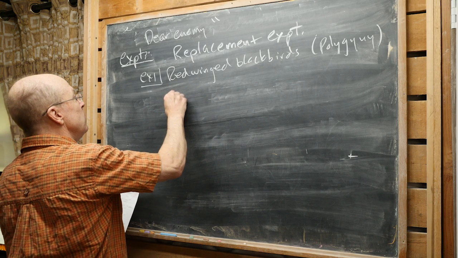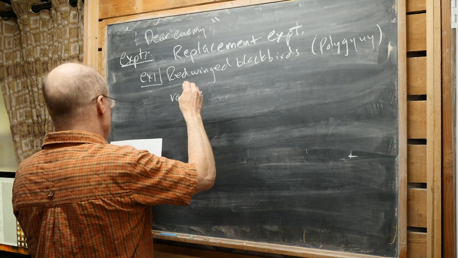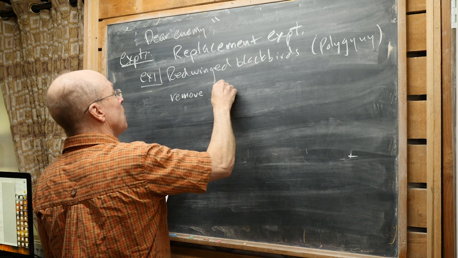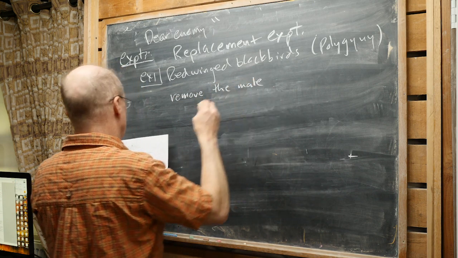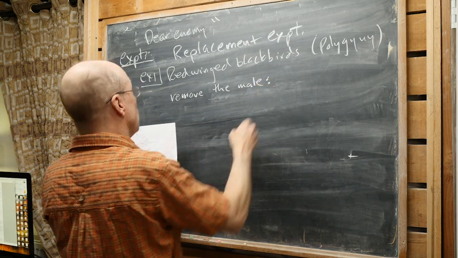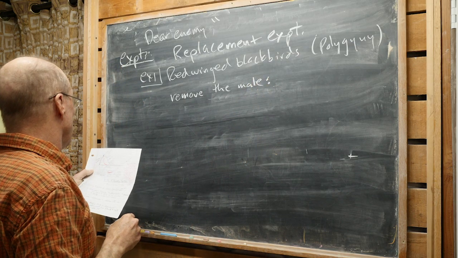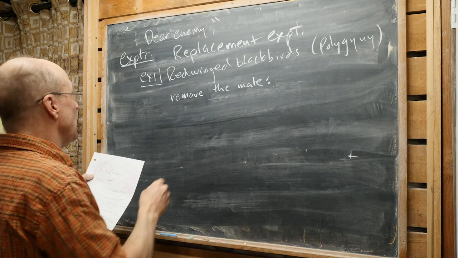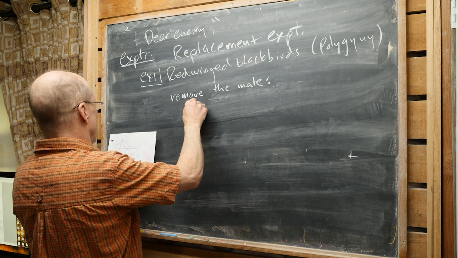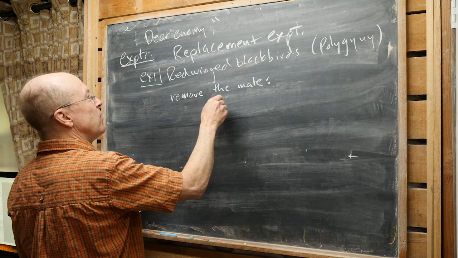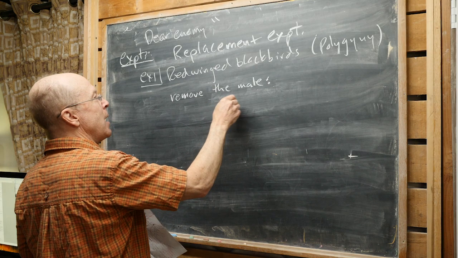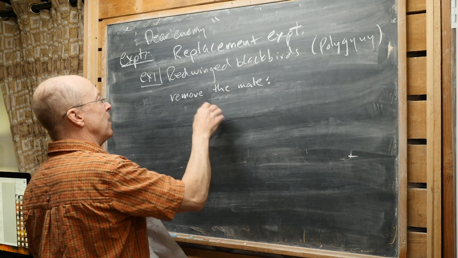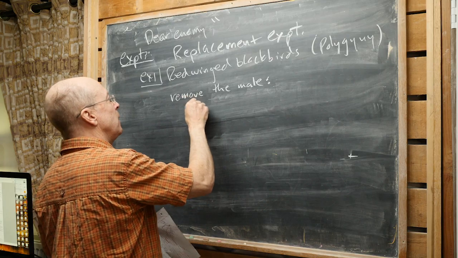So remove the male, and here's what happens. You remove the male from the territory, and you control the amount of time that you keep that male away from his territory.